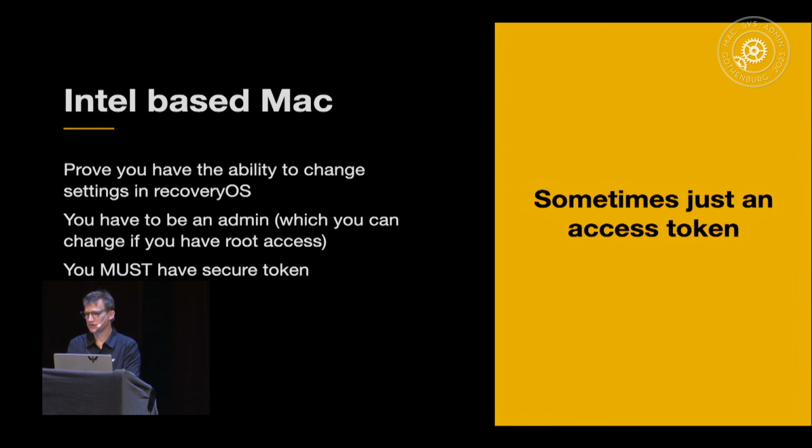So maybe you want to change the firmware password. Maybe you want to change the level of security that you're booting up with. So you have to be an admin, but that's pretty easy to manipulate in a plist, especially in Recovery OS. But you have to have the secure token in order to successfully change those settings.